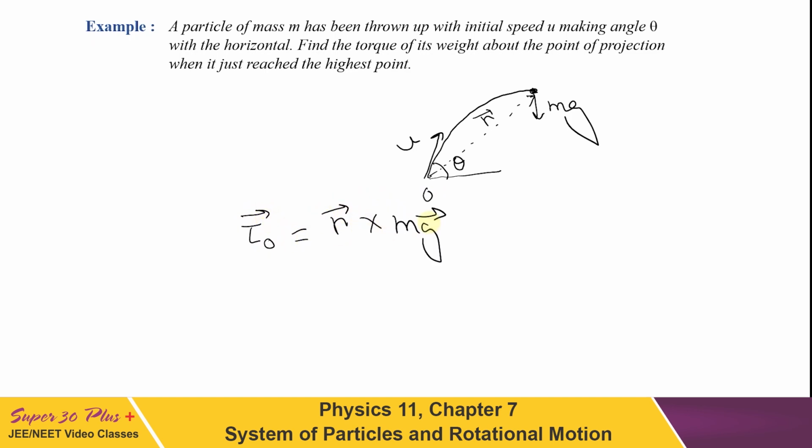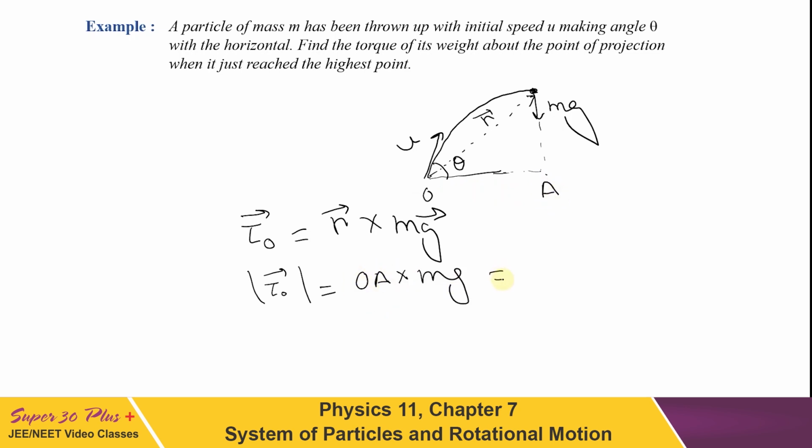Now this r will have two components, one along the x direction and the other along the y direction. As we know, only the x direction component is needed because it is the perpendicular distance from the projection point to the point of application of force. So if we are interested only in its magnitude, it will reduce to, let us write this point A, OA multiplied with mg.